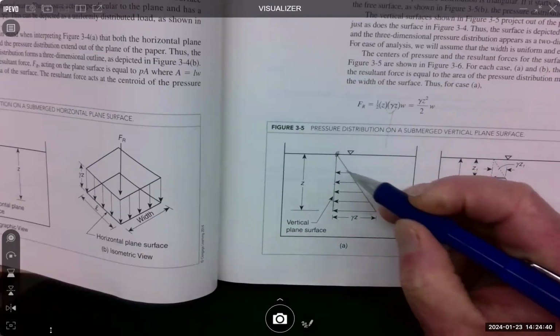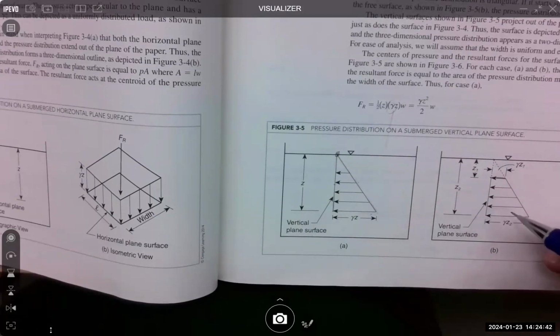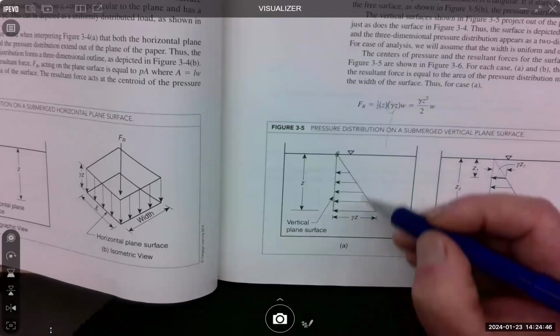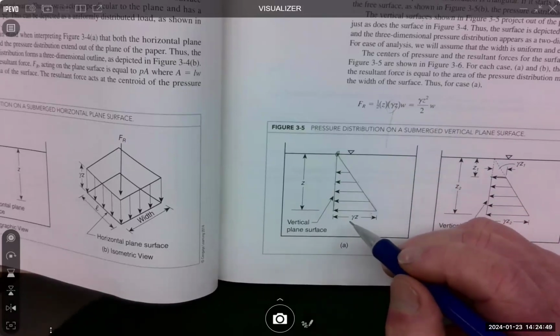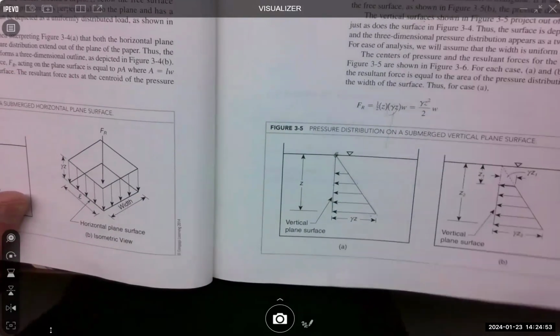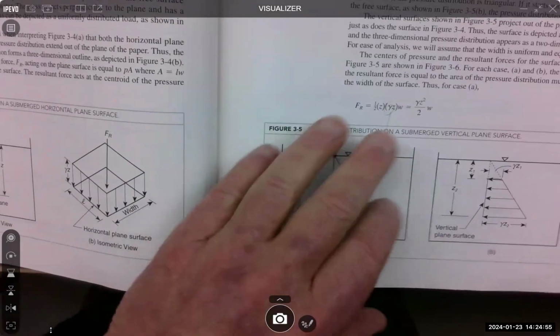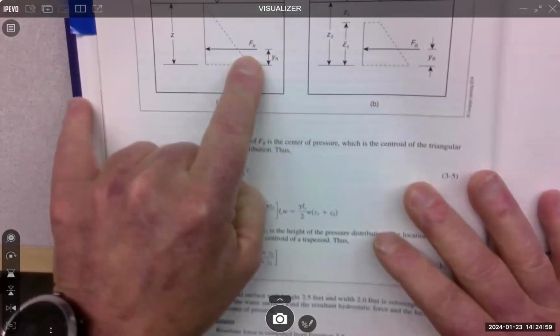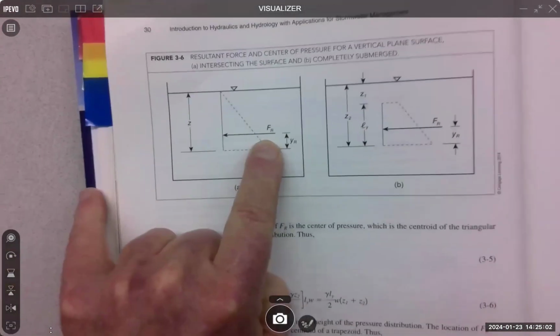So that's the load distribution. But to get the full hydrostatic load, we have to simplify the distributed load. So that's something we'll practice as we move along. You're not going to need it for your first homework set, but you could be looking over this and see how they develop that into the full hydrostatic force.